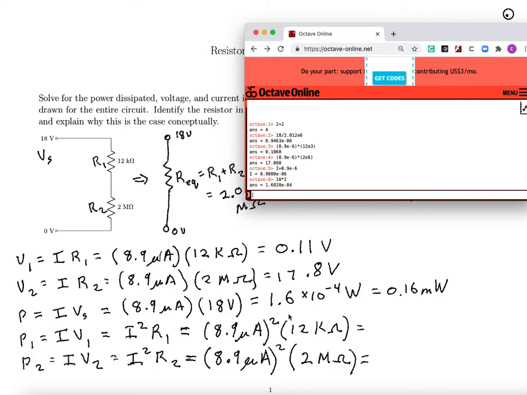Now we're going to do I squared R. So I still have I in my memory. R was 12E3, 12 kilo ohms, times I squared.